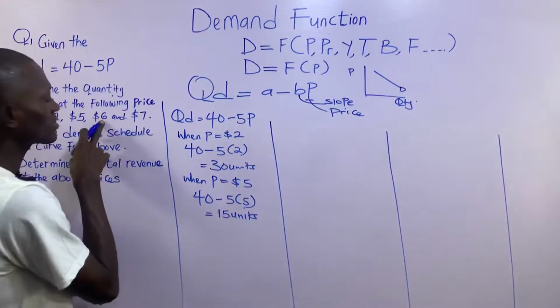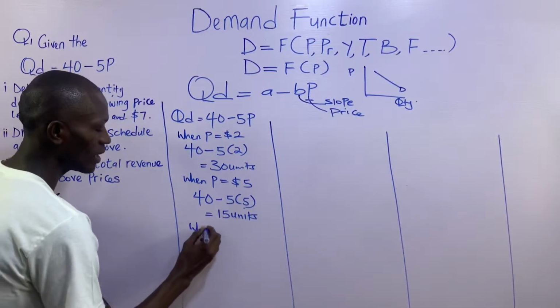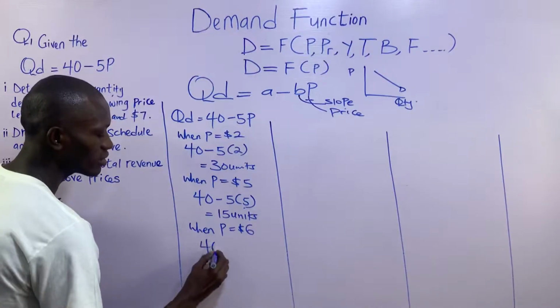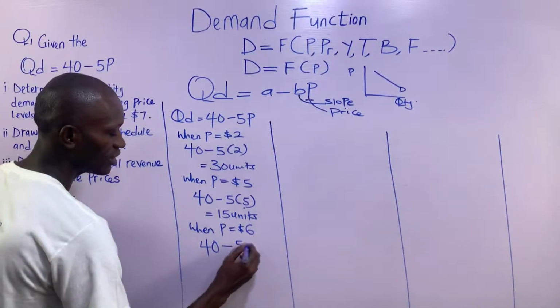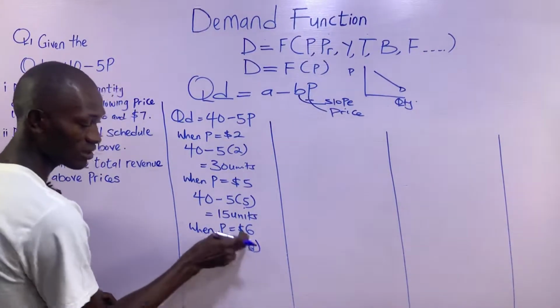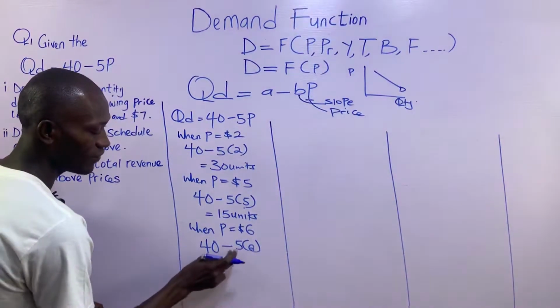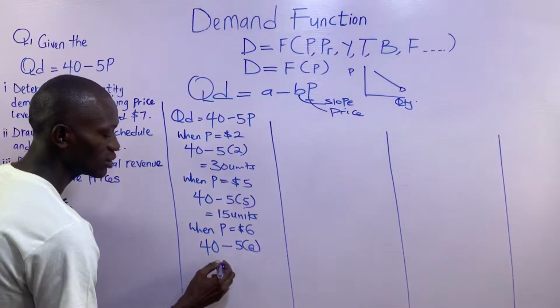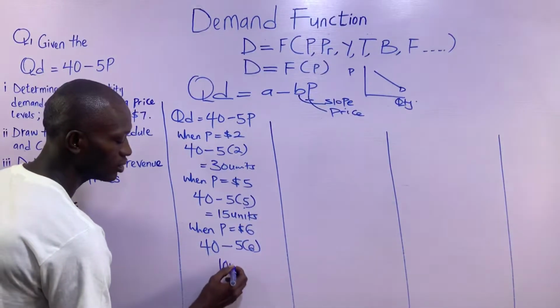And also when P is $6, we have 40 minus 5 times 6, since price is $6 now. 5 times 6 gives us 30. 40 minus 30 gives us 10 units.